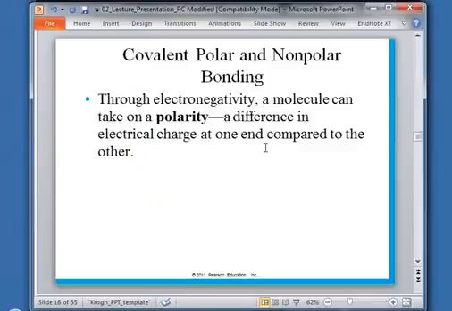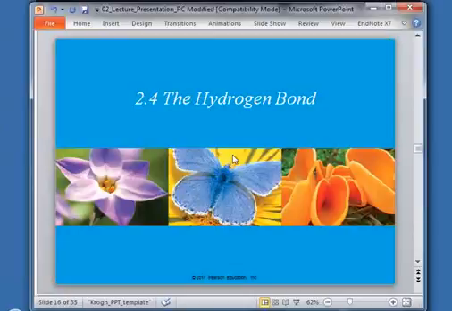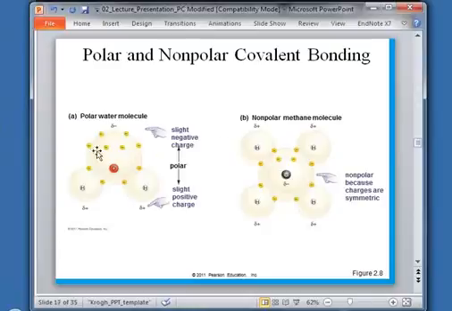You'll notice that we've got a lot of positive and negative charges floating around here. And this means that a molecule can be polar, meaning that there's a difference in electrical charge at one end compared to the other. And a polar molecule simply means electrons are oriented toward one end and protons are located toward the other end, such that it actually acts a little bit like a magnet.